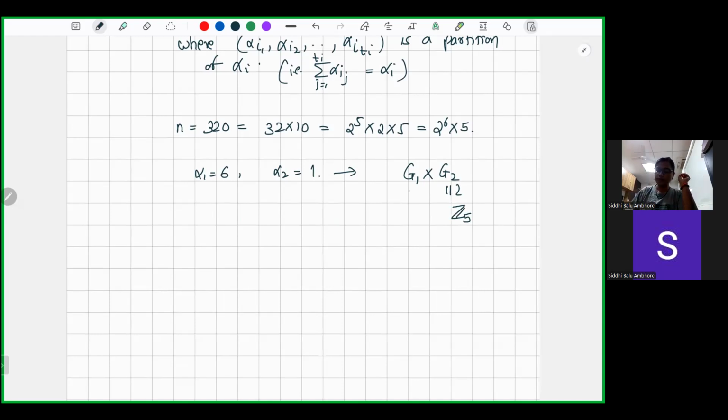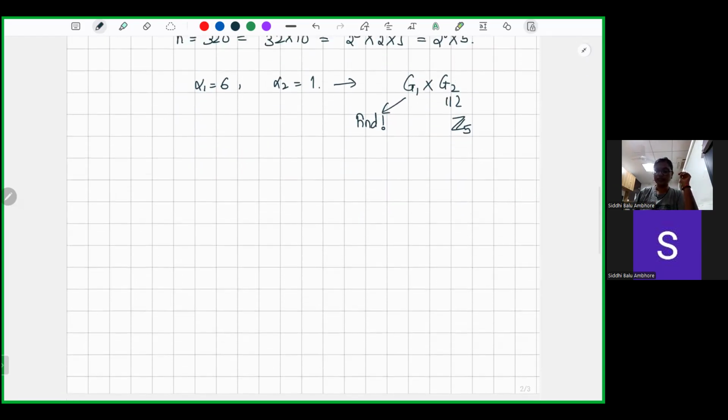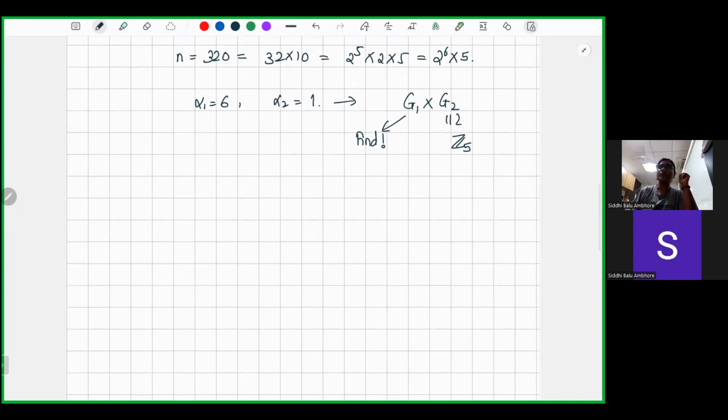So we have to find how G1 looks like in this case, and to find that, we need to find the partitions of 6. How to partition 6?